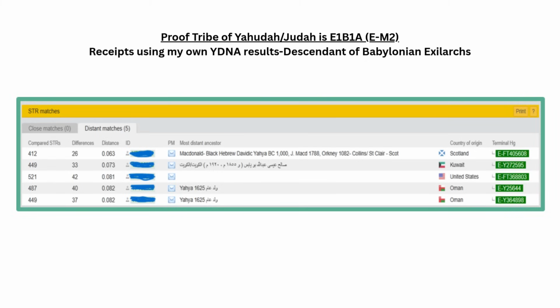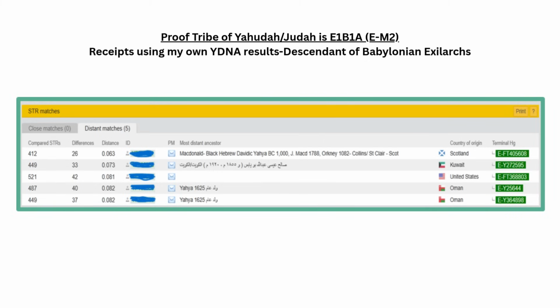Well, I'm showing you hard evidence here that not only does my paternal line show clear evidence of ties to the Babylonian exiles, but none of my matches are actually in Africa, which is ironic, and there's a reason for that. Each person's paternal line and lineage is going to be unique to them.